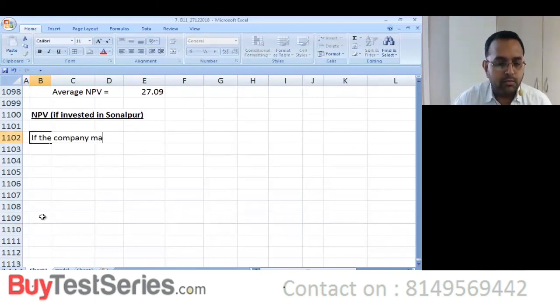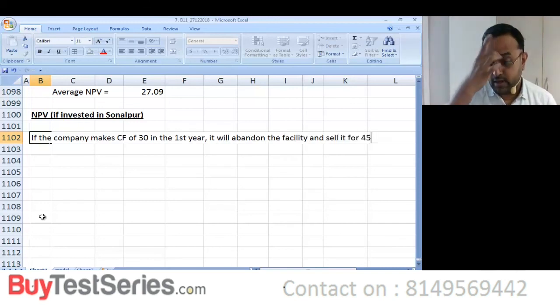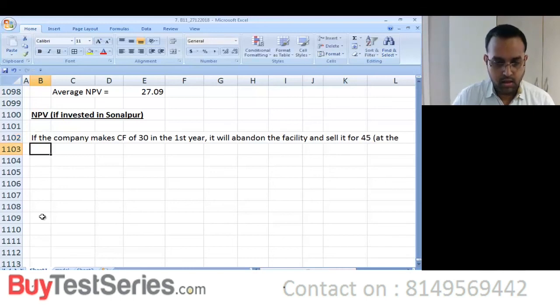If the company makes cash flow of 30 in the first year, it will abandon the facility and sell it for 45 at the end of first year itself.